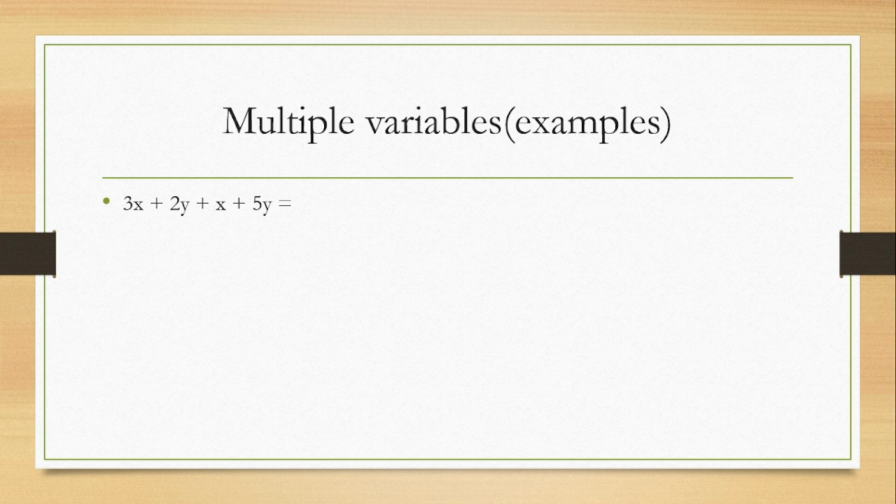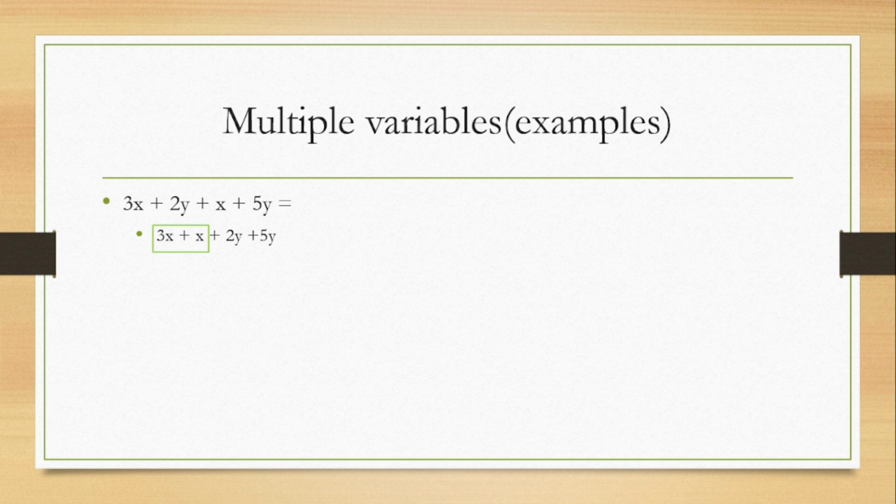So it's gonna be 3x. So with 3x, we're gonna have to check the partner of 3x. It's gonna be x. We have to check for other values that contain x.